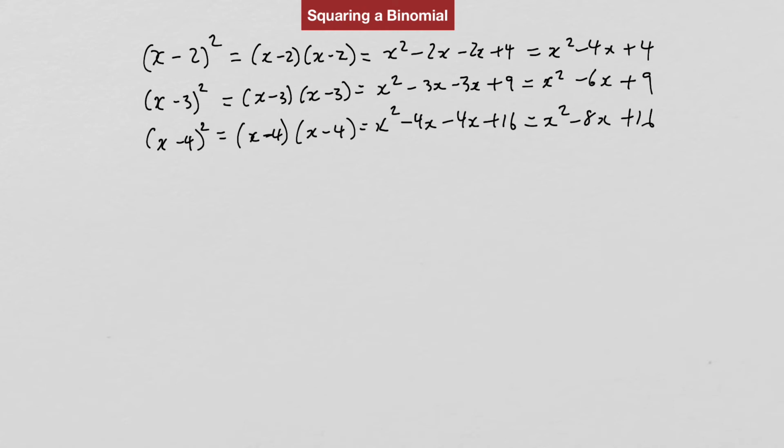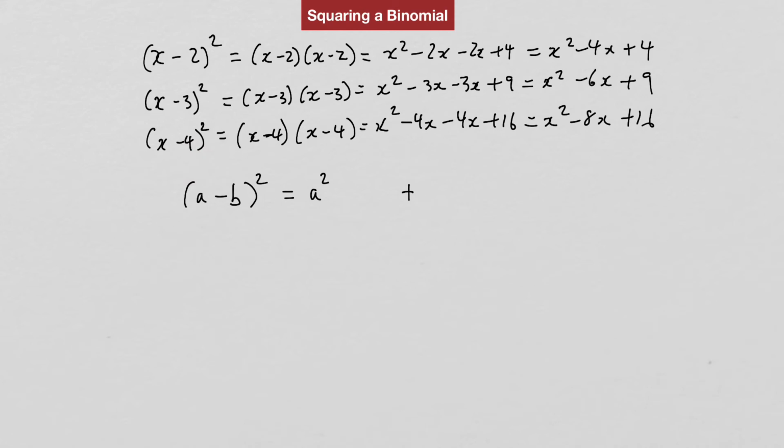So if we have a minus b quantity squared, we know that this becomes a squared. Okay, the first term is squared, as we said over here in all three of these scenarios. And we also know that it ends in the last term, or the second term, squared.